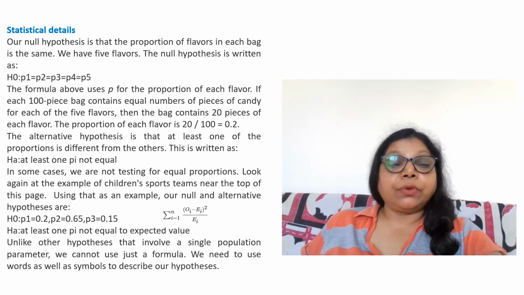Here we can now do the calculation for the test statistic and use the formula, that is the summation of (Oi minus Ei) the whole square upon Ei. That means observed minus expected, the whole square, upon the expected.